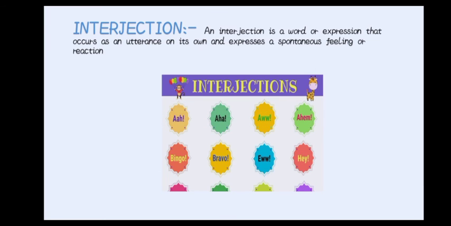Now, the next part of speech is conjunction. Conjunction is nothing else but a word that joins two sentences together. Suppose I say, I and Sia will march along the ground. That means I and Sia.